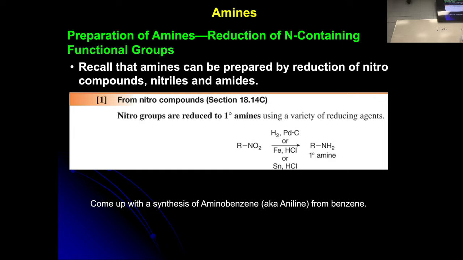Okay. So I want you all to figure something out real quick. Tell me how you would make aniline from benzene.